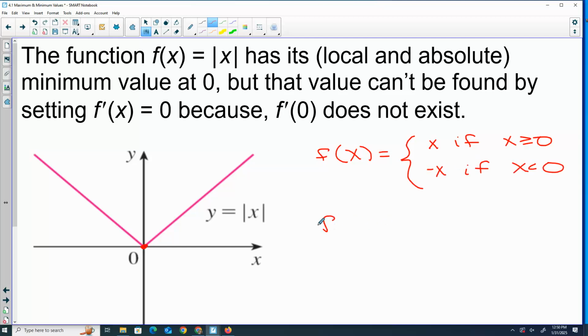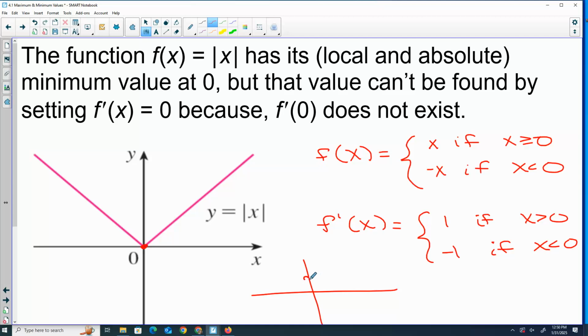If you do the derivative of that, what's the derivative of x? I mean 1. And what's the derivative of negative x? Okay, so my derivative is 1 for the positives, -1 for the negatives. Does it exist at 0? No.